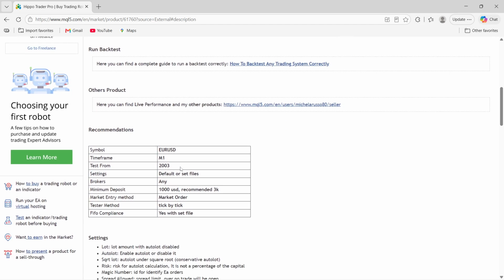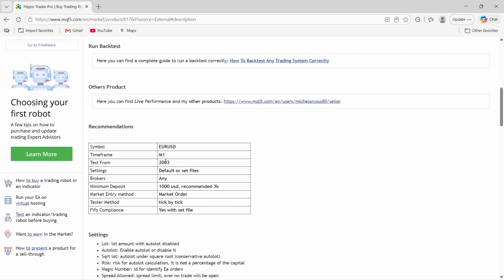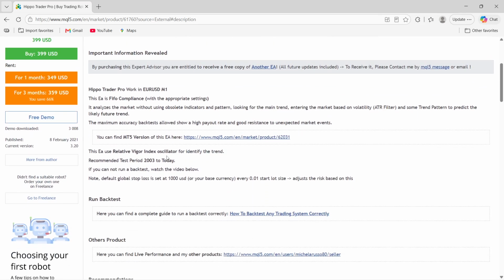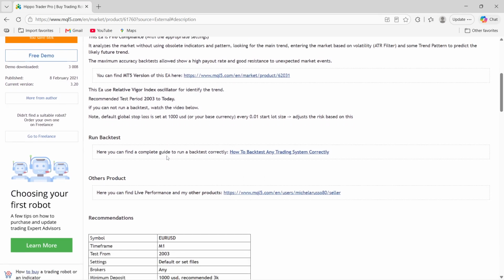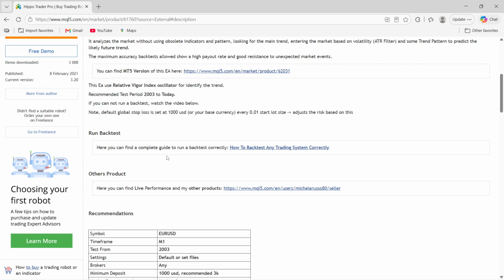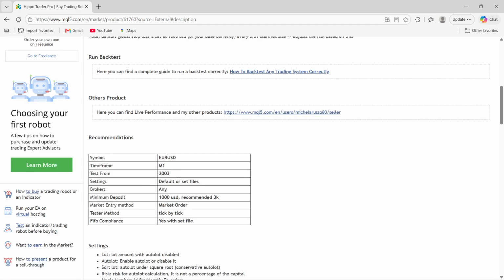Recommended settings for EURUSD M1 with a minimum deposit of around $1,000, preferably $3,000. Default or provided set files are suggested, and it works with any reliable broker. The system is available for both MT4 and MT5.